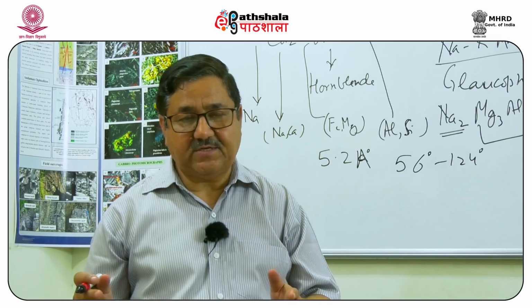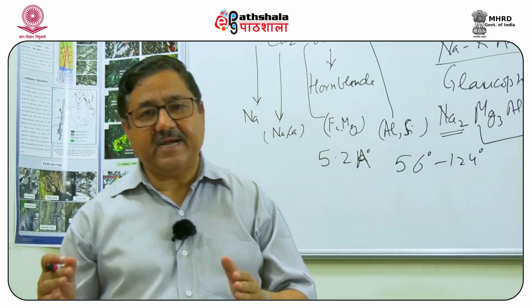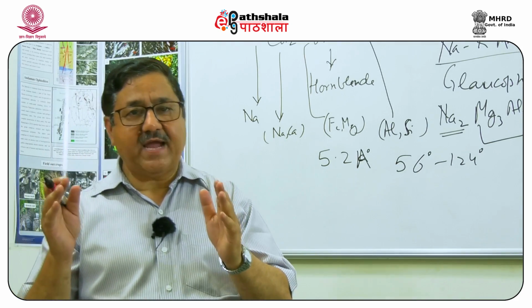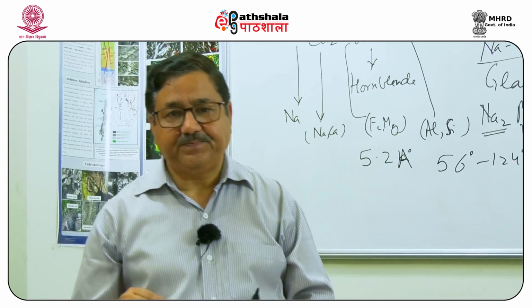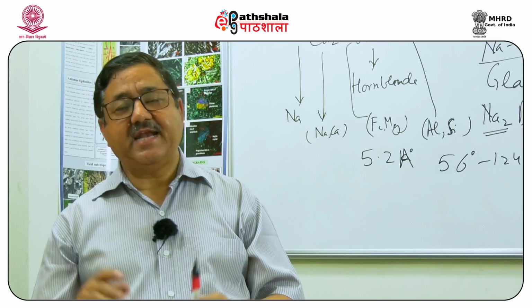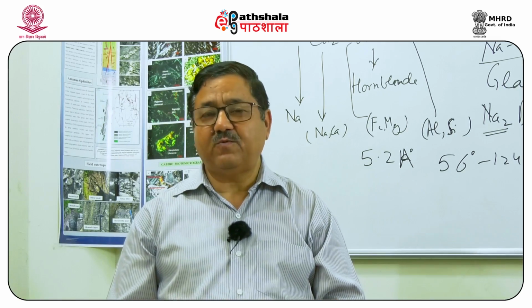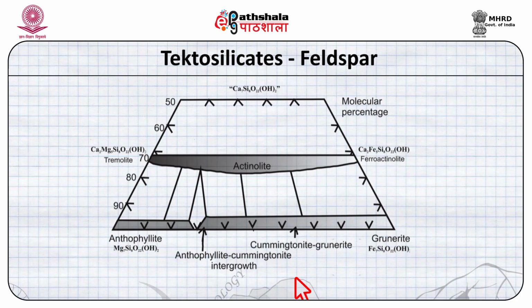Now, these substitutions are not 100%, meaning that when we look at the amphibole compositions, we find that there are gaps in solution, and these gaps in solution are well reflected in the diagram which you can see.